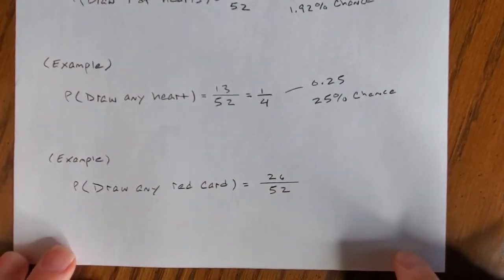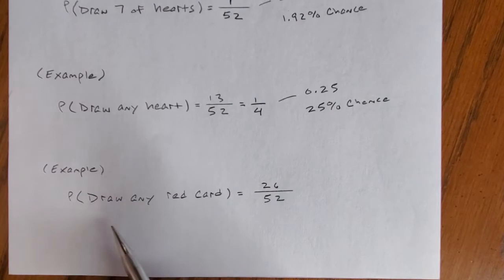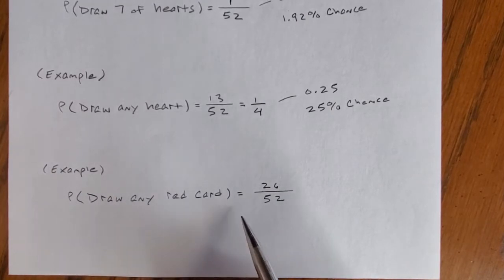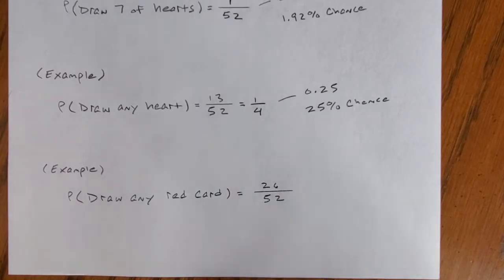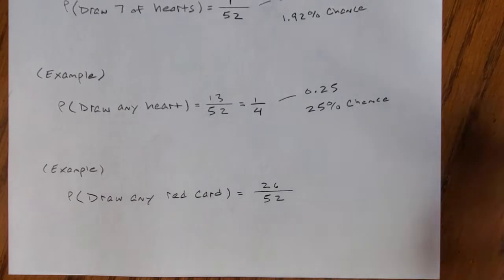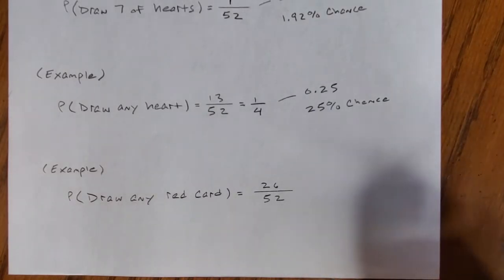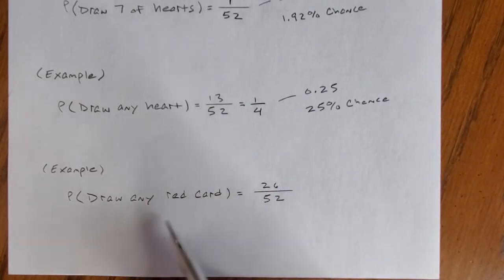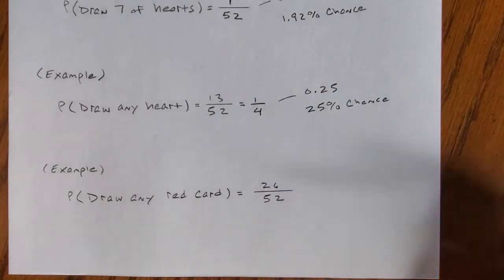All right, let's increase our odds even more. What's the probability of drawing any red card? Now, think back to that picture I showed you. The red suits are diamonds and hearts, and there's 13 diamonds and 13 hearts. Those are the red cards, at least in the standard deck. So that makes 26 ways I could draw a red card out of 52 total possibilities.